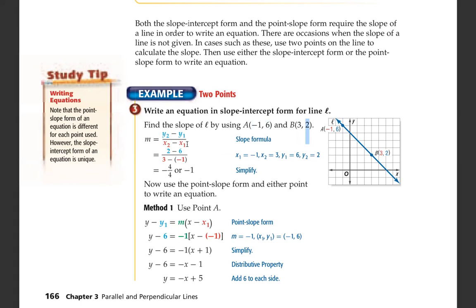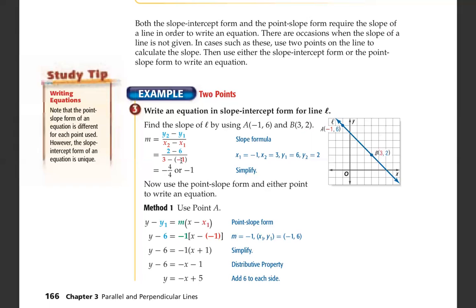And so therefore, using the slope formula, we'll have y2 minus y1 over x2 minus x1. So we have 2 minus 6 all over 3 minus negative 1. 2, which is your y2, minus 6, which is your y1, all over 3, which is your x2, minus your x1, which is negative 1.